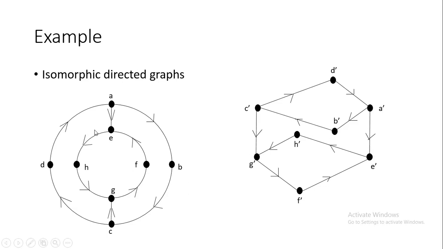Similarly, the HE edge is present too, meaning for each and every edge in the first graph there is a corresponding edge and corresponding vertices in the other graph. So the condition of isomorphic graphs is satisfied, and we can say that these are isomorphic directed graphs.